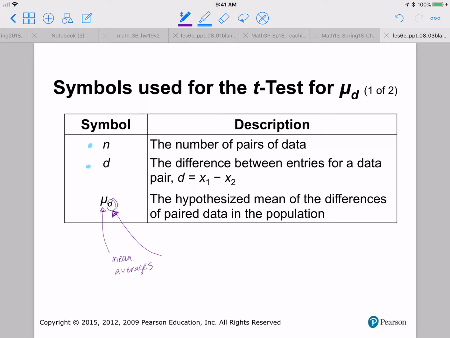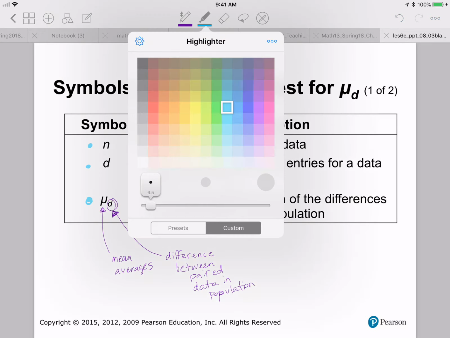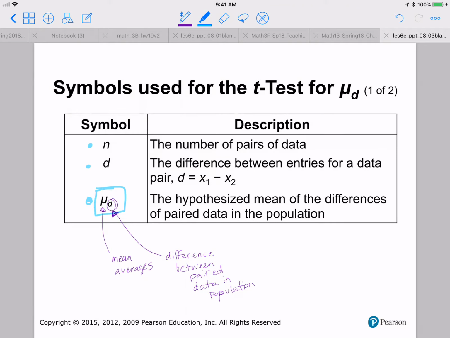We're looking at the average of differences between paired data in the population. This number, mu sub D, is going to show up in our null and alternative hypotheses.